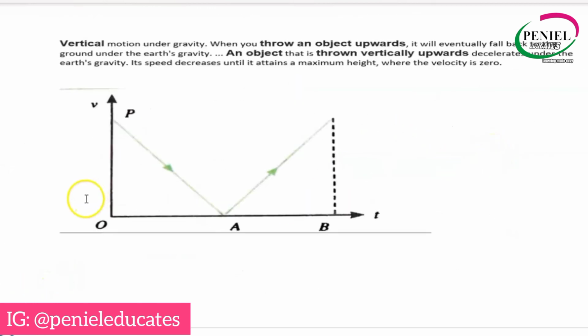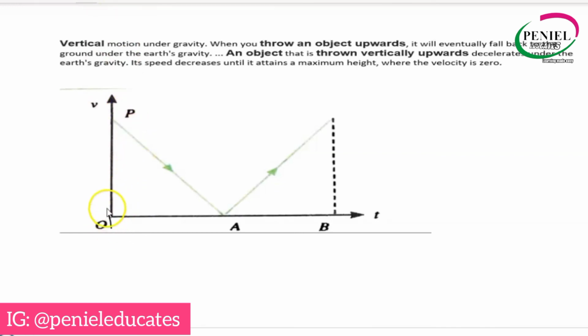Now let us look at a ball thrown vertically upwards. The velocity of a ball thrown vertically upward decreases uniformly from OP to 0 as the ball moves up.